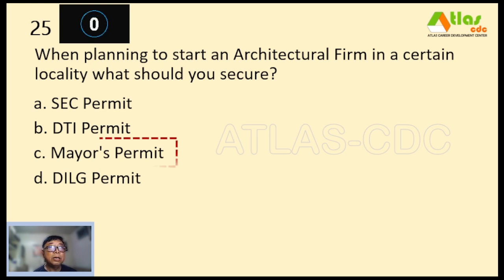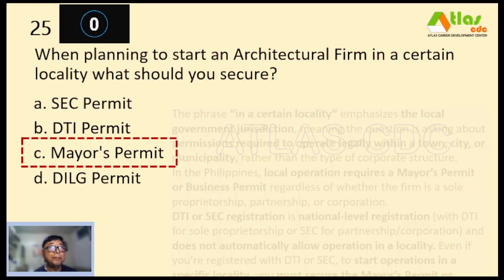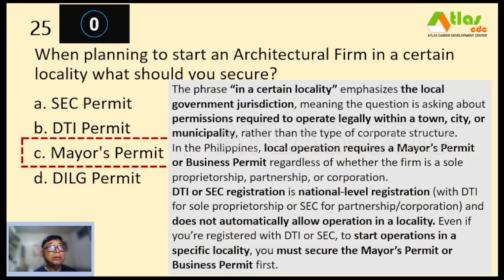And our correct answer is letter C, Mayor's permit. So the phrase "in a certain locality" emphasizes the local government jurisdiction, meaning the question is asking about permissions required to operate legally within a town, city, or municipality, rather than the type of corporate structure.